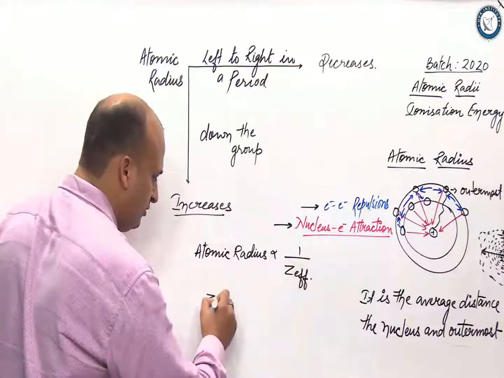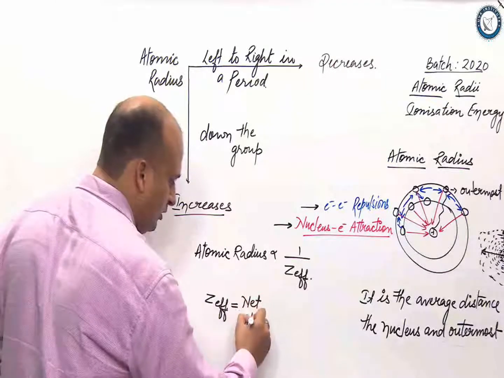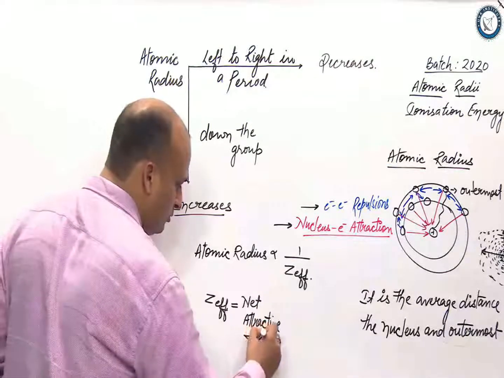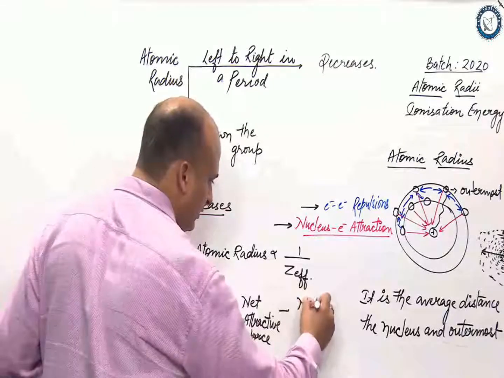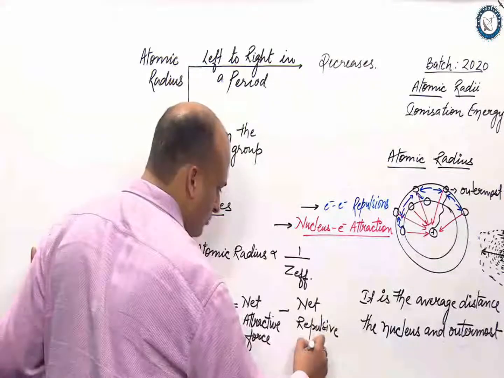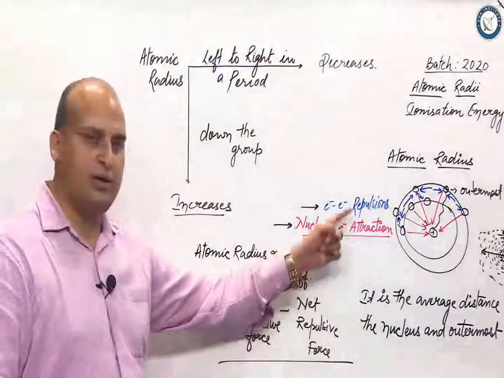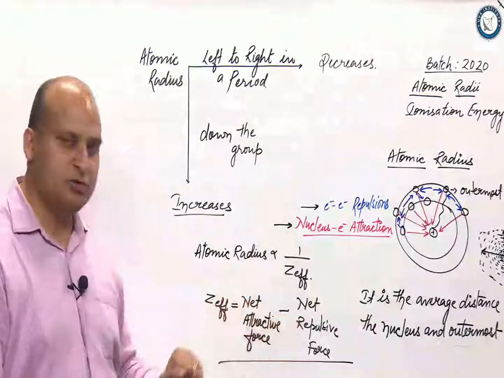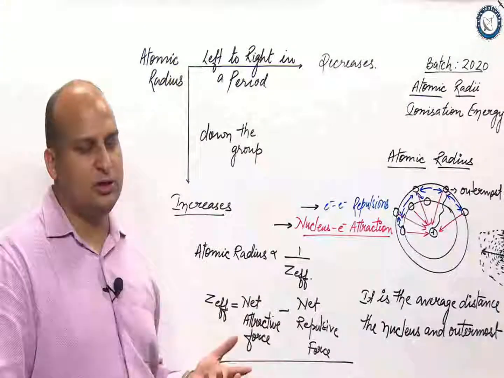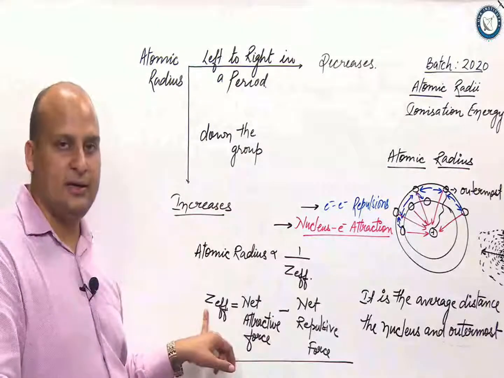Z effective is equal to net attractive forces minus net repulsive force. Attractive force is because of the nucleus-electron attraction, but repulsive force is because of the electron-electron repulsion. You can calculate this Z effective also by using Slater's rule, but I'll teach you later on. So this is Z effective.